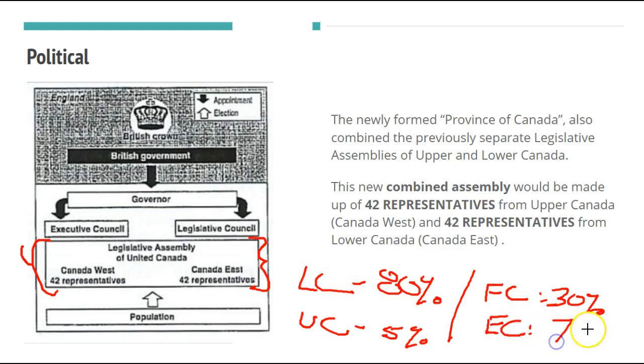So the Act of Union in a nutshell is an attempt by Britain to try to avoid conflict like this in the future, try to avoid another rebellion. How do we do this? We eliminate French Canadian culture, or at the very least, their ability to make decisions in the government.